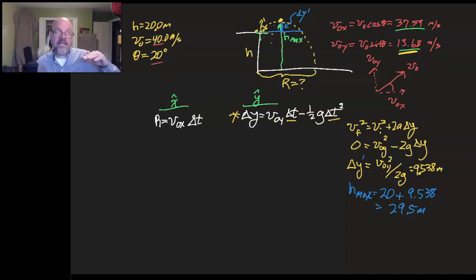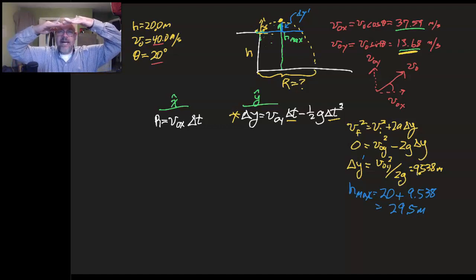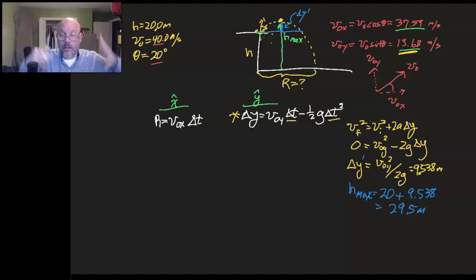We could say the projectile ends up going 9.5 meters above where we fired it, or 29.5 meters off the valley floor, so to speak. It just kind of depends on what we're looking for, but either way, it's fine. We got it.